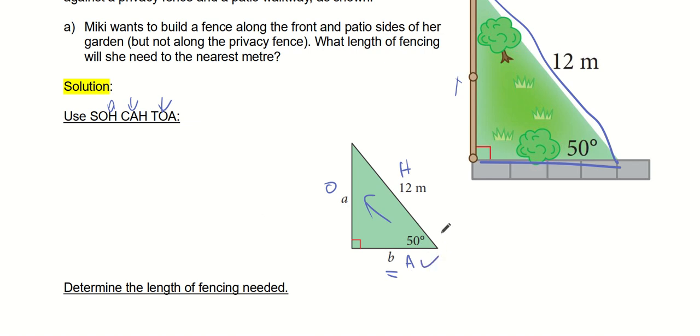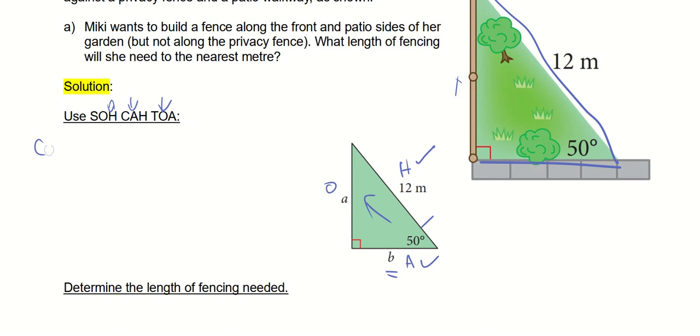We're looking for this, and we have that, and then we have the angle. So we need an equation that has A and H in it. So let's take a look: A and H. Cos has both A and H, so that's the equation we're going to use.